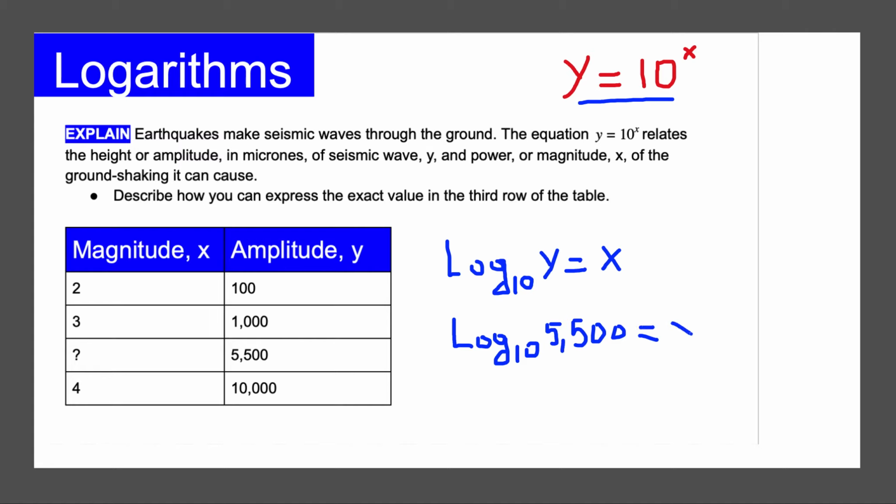So now we have to find x. So log base 10 of 5500 is equal to x.